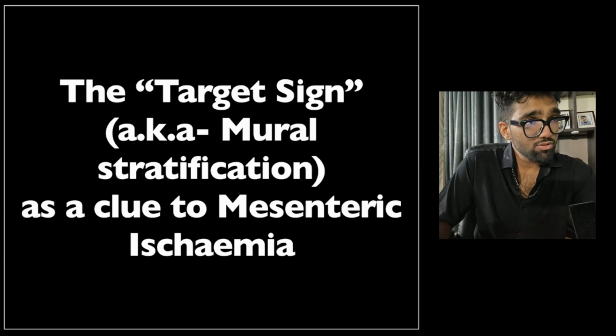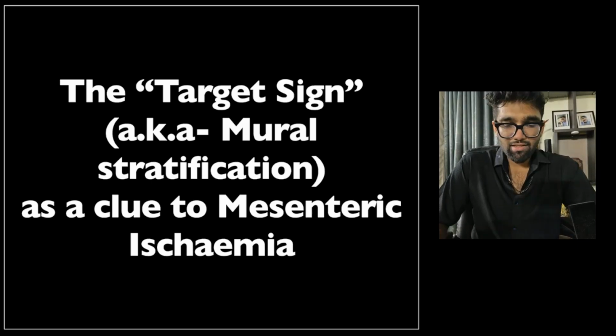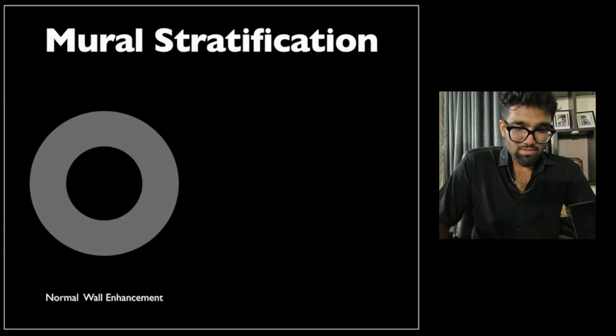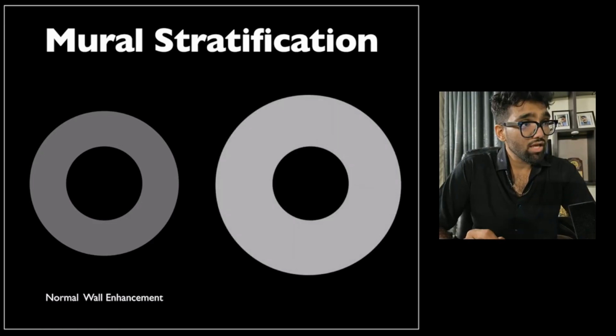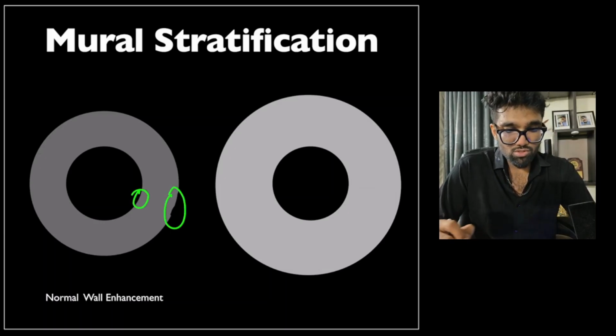Now, coming to the first topic, that is the target sign, that is mural stratification as a clue to mesenteric ischemia. Now, the thing is, this is a normal wall. This is the normal wall enhancement. You can see the serosa here and the mucosa here are not separately visible.